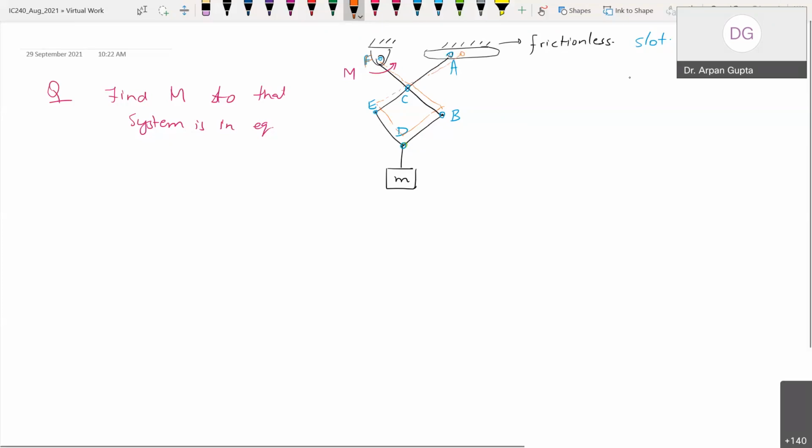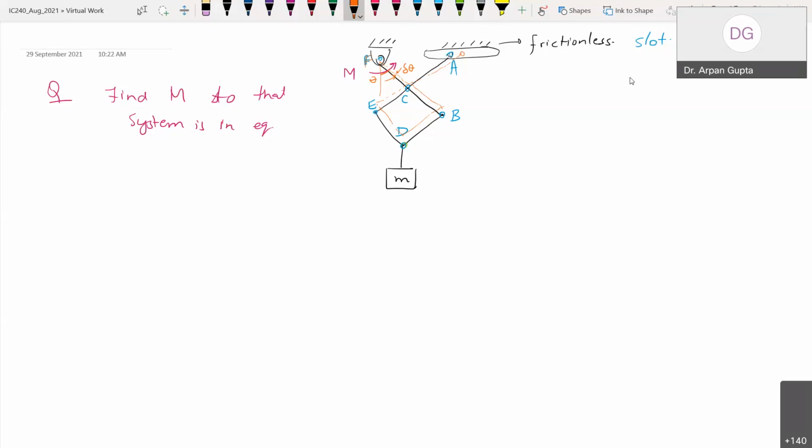Again, it requires some visualization. Currently, let's say it has got an angle theta, and now if I give a small virtual displacement delta theta to BF, then the system will deform in some orange color configuration here.